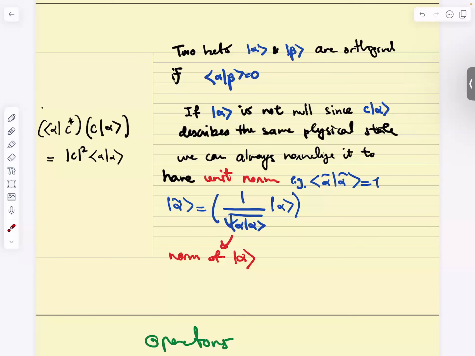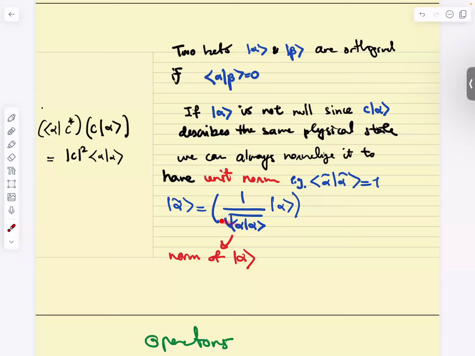So let's just normalize every vector to unit norm. How are we going to do that? Here's a ket. I'm just going to first calculate the bracket alpha alpha, which need not be 1. If it's not null, and it's not 0, I can take the square root and divide by it. I'm going to call this the norm.